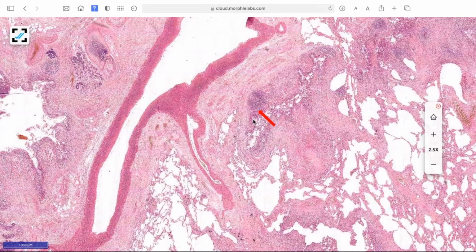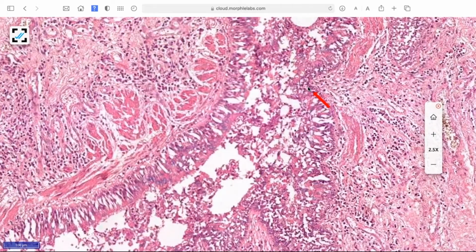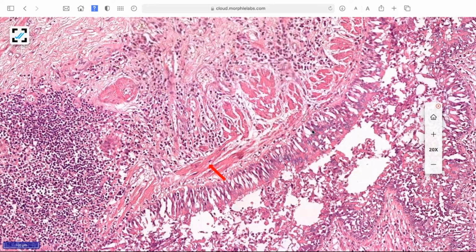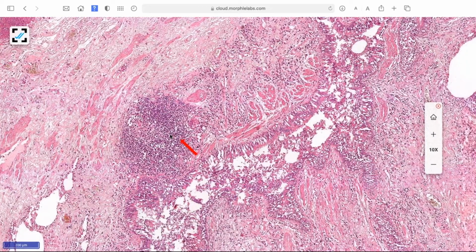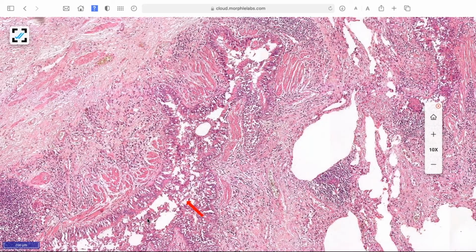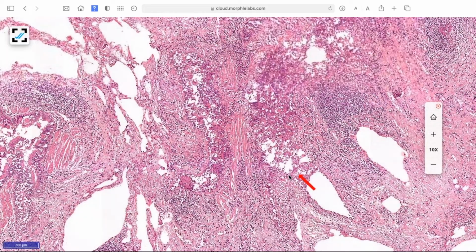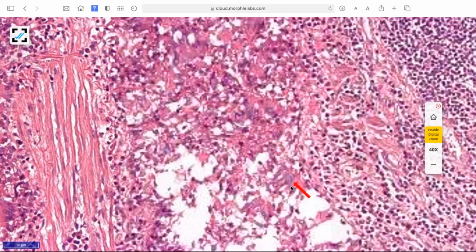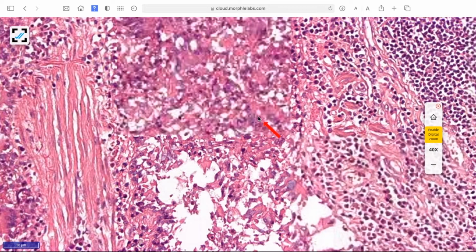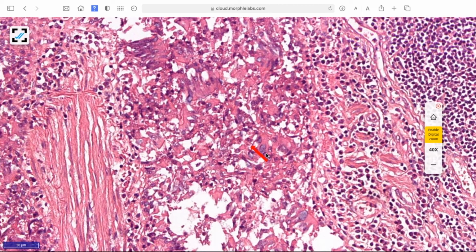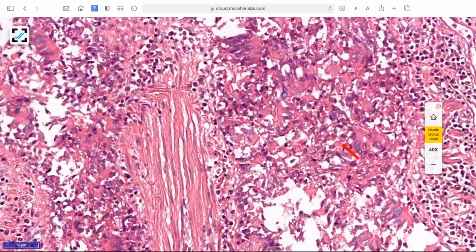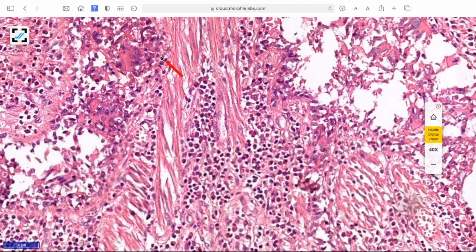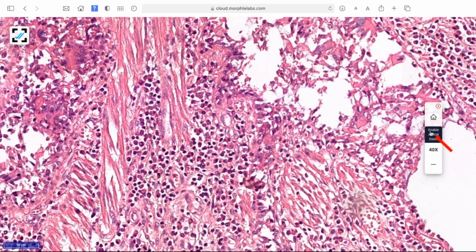Nice. So here you see this is centered around the airway. This is the airway, and you can see very hectic inflammation around the airway. And when you go to some areas, there is some foreign body giant cell reaction. Just allow this slide for a couple of minutes. You can see the foreign body giant cell reaction there, and some refractile material.